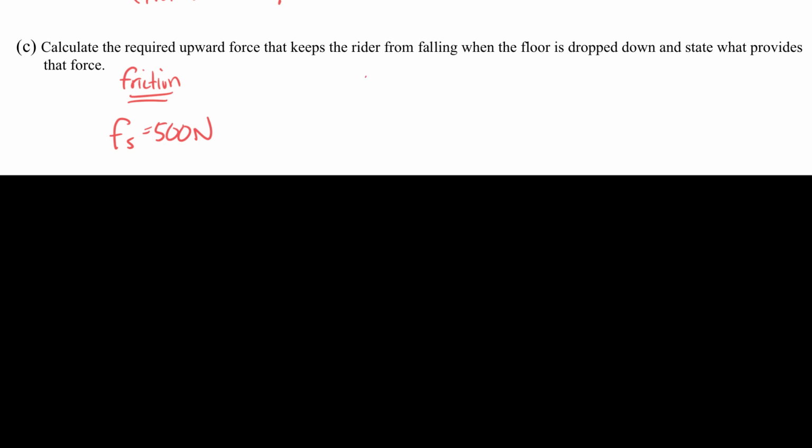And I know that static friction is an inequality here, so I just need to make sure I have enough. And this is going to be 0.55 times 1097, which gives me 603 newtons of available friction. I need 500.